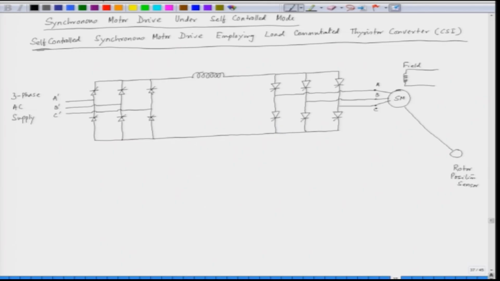The inductor is in the DC link, and it is large enough to keep the DC link current almost ripple free. So, ID is almost constant and ripple free. Now, we have to trigger the source side converter.